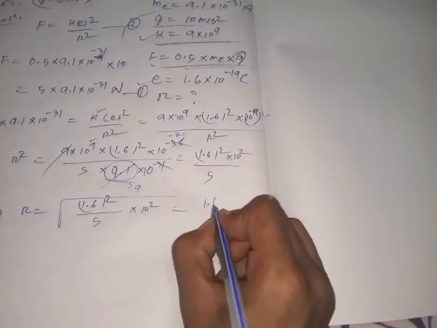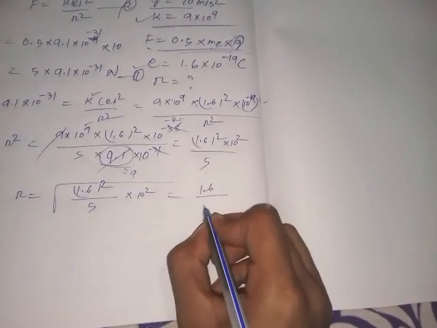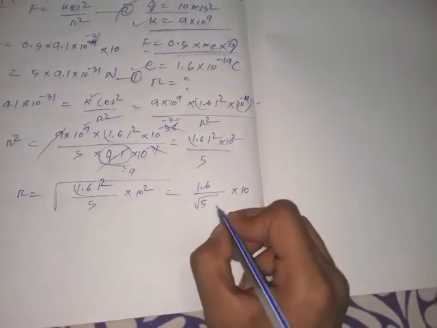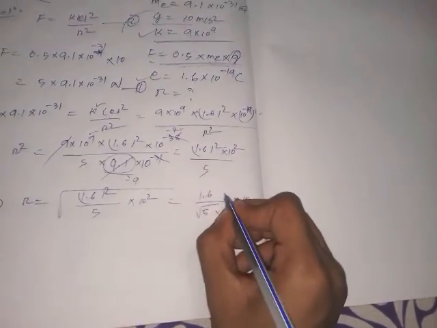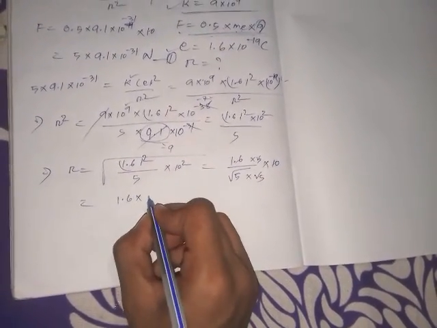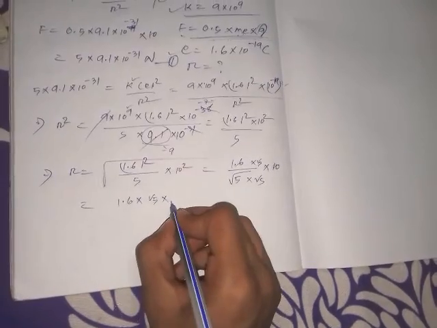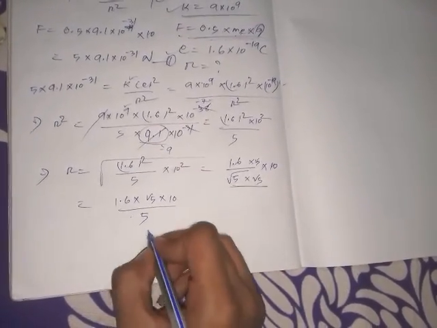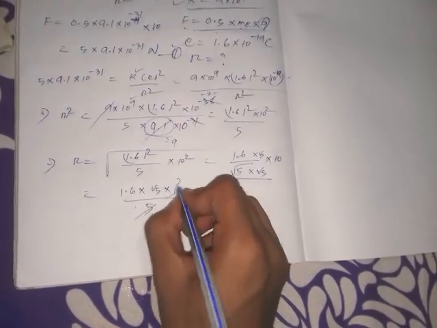Then 1.6 divided by root 5 into 10, multiply root 5. Then 1.6 into root 5 into 10 divided by 5, root 5 into root 5. 5 and 10 cancel 2.